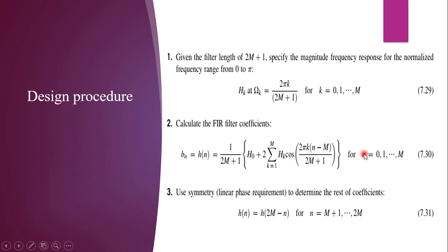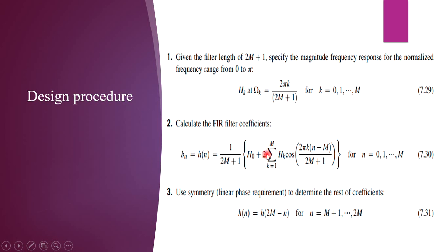Now what is n? N varies from 0 to m, and as we talked about in the previous lecture, there is a symmetry about the origin.